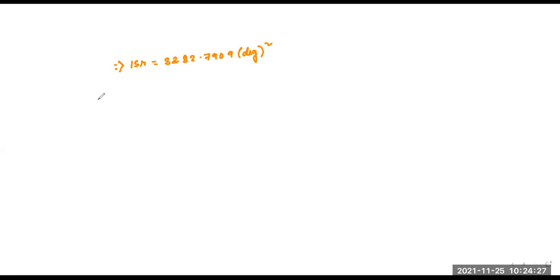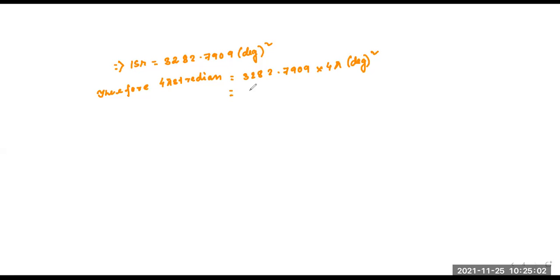Therefore 4 pi steradian equals 3282.7909 into 4 pi degree square.